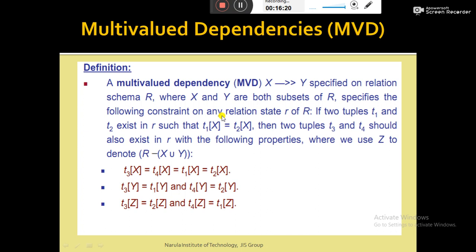And next, another definition. In the previous slide, I gave the informal definition of multi-valued dependency, and this is the formal definition.